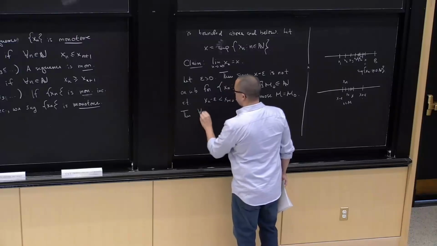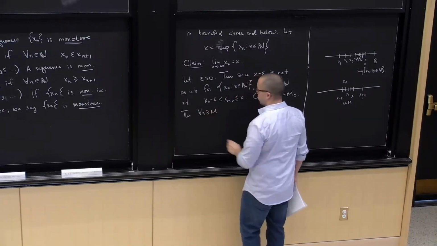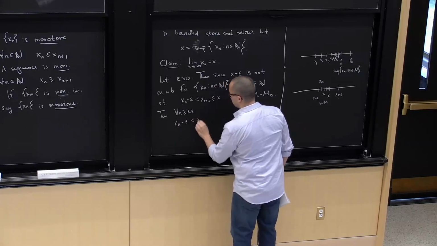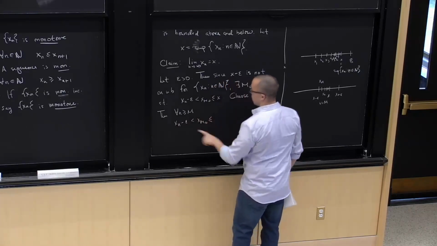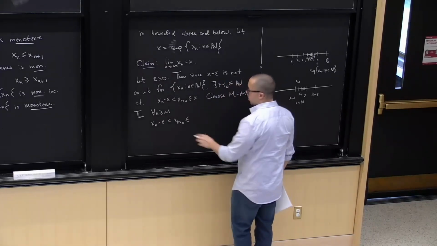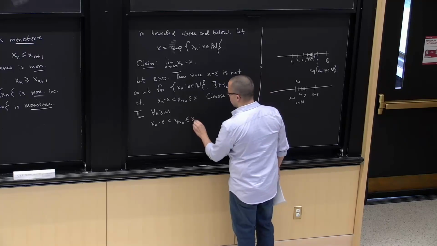Then for all n bigger than or equal to M, we have x minus epsilon, which is less than x sub m naught. And because n is bigger than or equal to capital M, and this is a monotone increasing sequence, x sub m naught is less than or equal to x sub n.